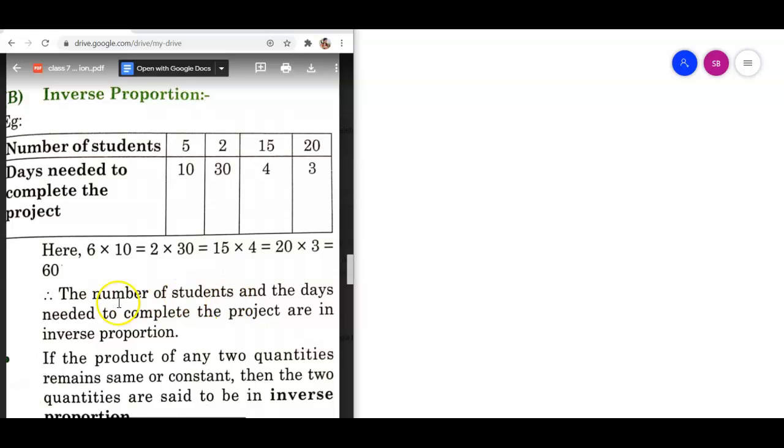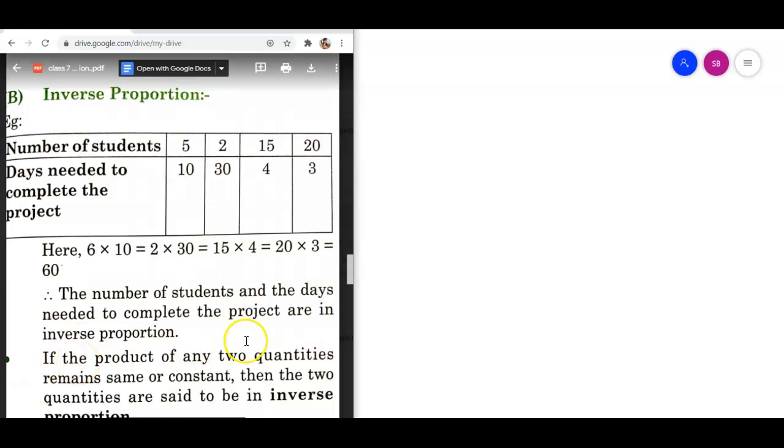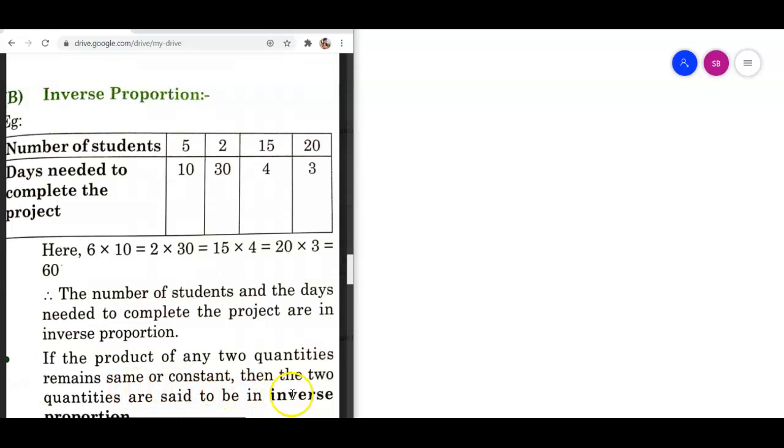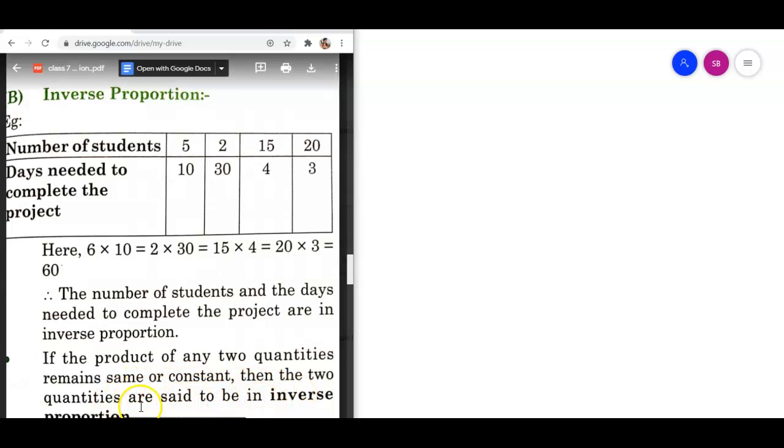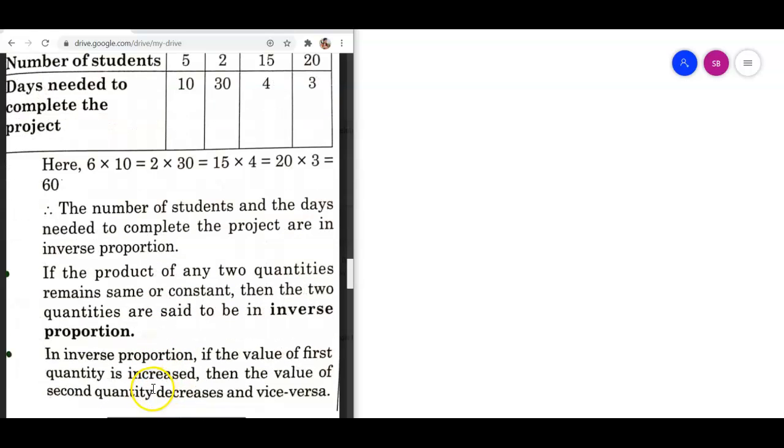Therefore, the number of students and the days needed to complete the project are in inverse proportion. Because their products are the same, this is said to be inverse proportion. If the product of any two quantities remains constant or the same, then the two quantities are said to be in inverse proportion. This is very important.